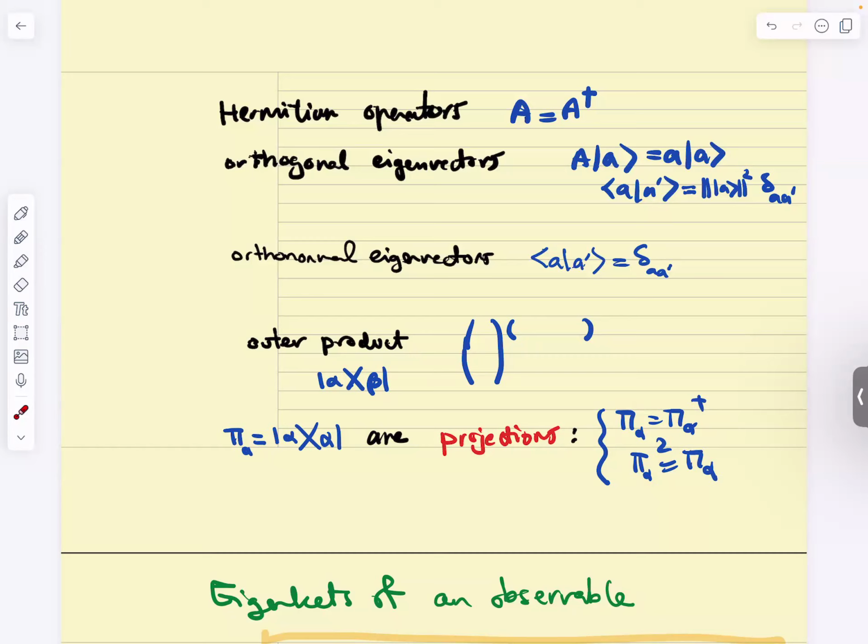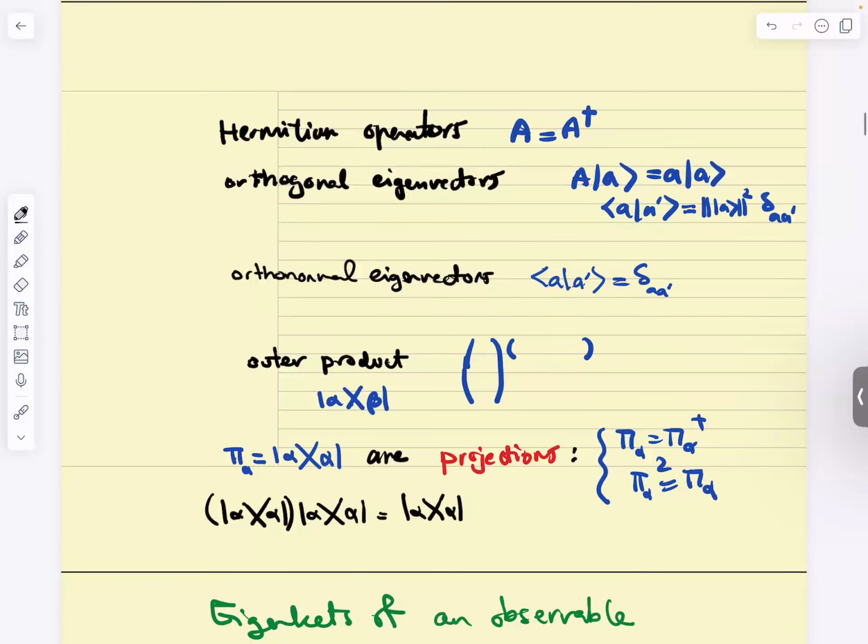That's easy to check. Alpha alpha multiplied by alpha alpha is just alpha alpha, because the ket alpha has unit norm. Is that clear? So this was a quick summary of lecture 2.